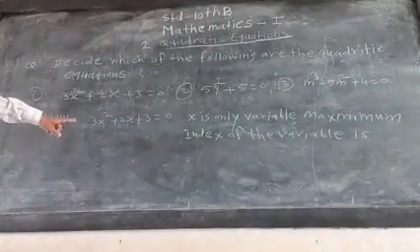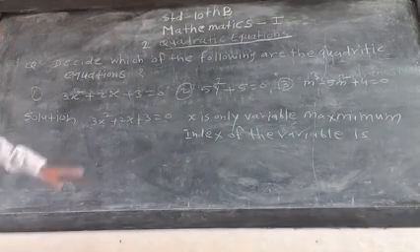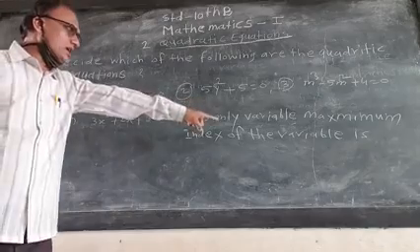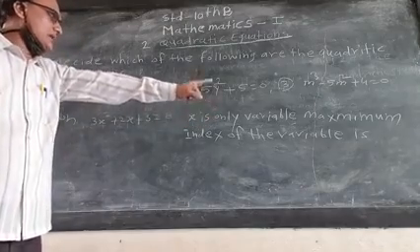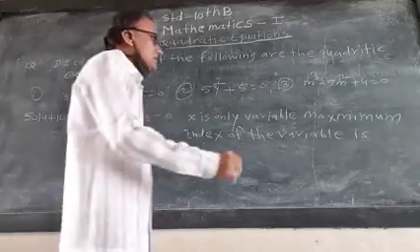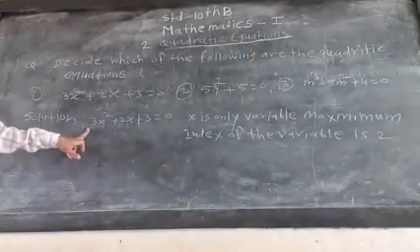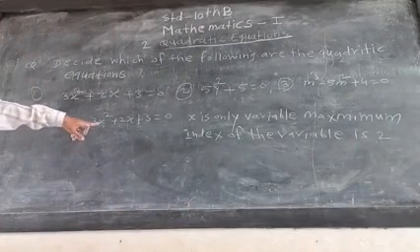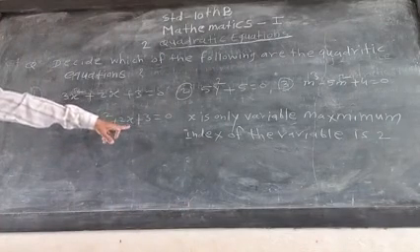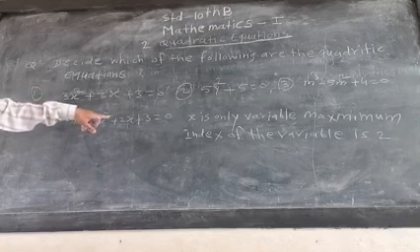Again, 3x square plus 2x plus 3 equal to 0. In this equation, x is the only variable and the maximum index of the variable is 2. Here 2, here 1.